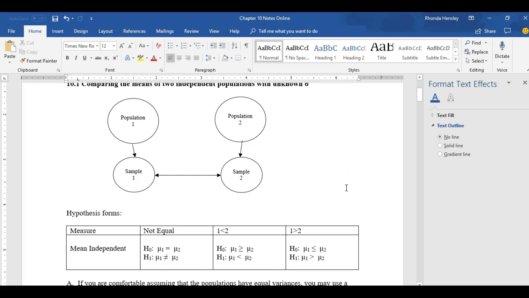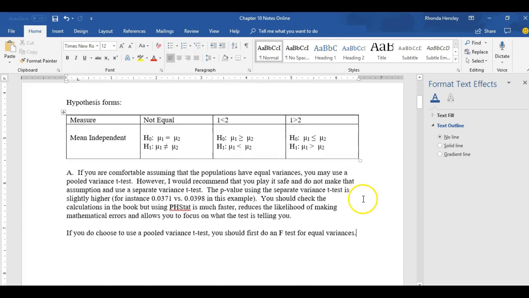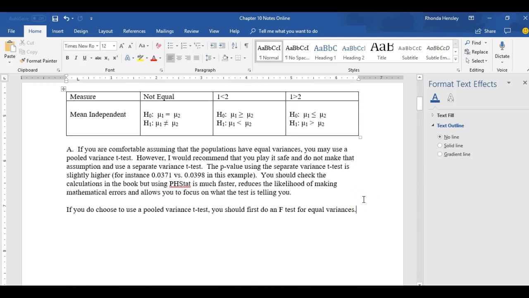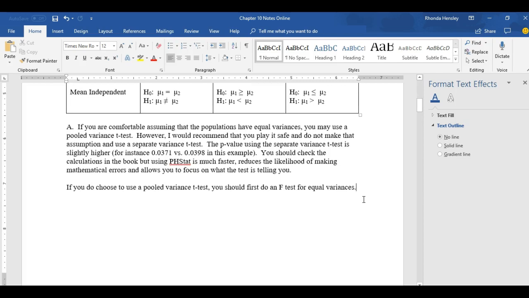So, no numbers. A couple of thoughts before we get started. If we're looking at the mean, and that's what we look at first, in the book he uses a test called a pooled variance t-test, which assumes that your populations have equal variances.